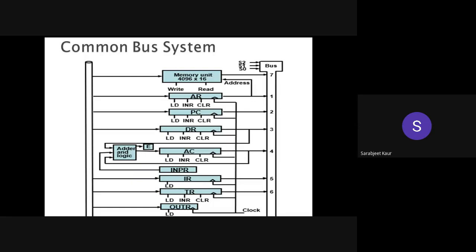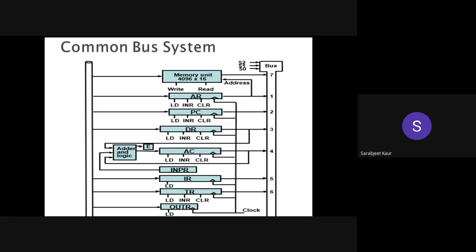Eventually this is going to be implemented as a circuit with the help of some wires. So the greater the number of wires, the more complex the circuit, and it becomes very difficult to understand.